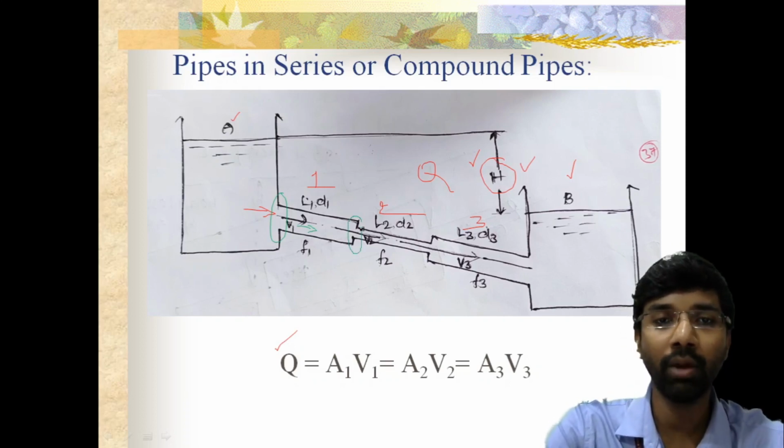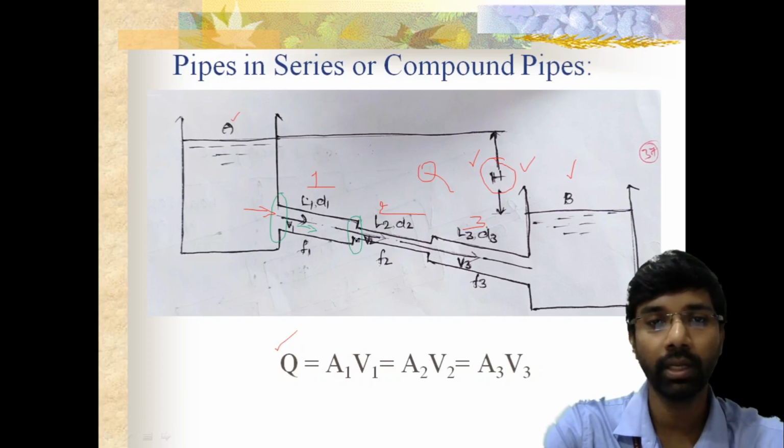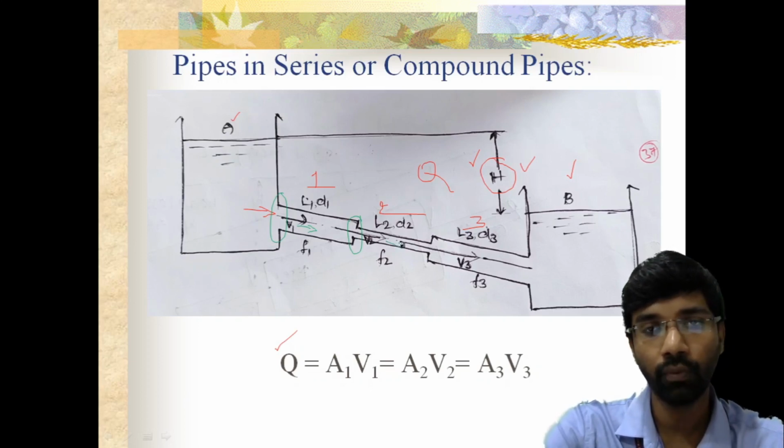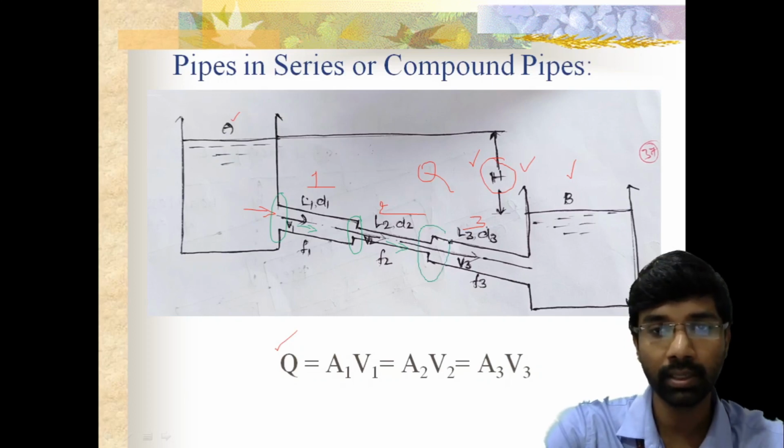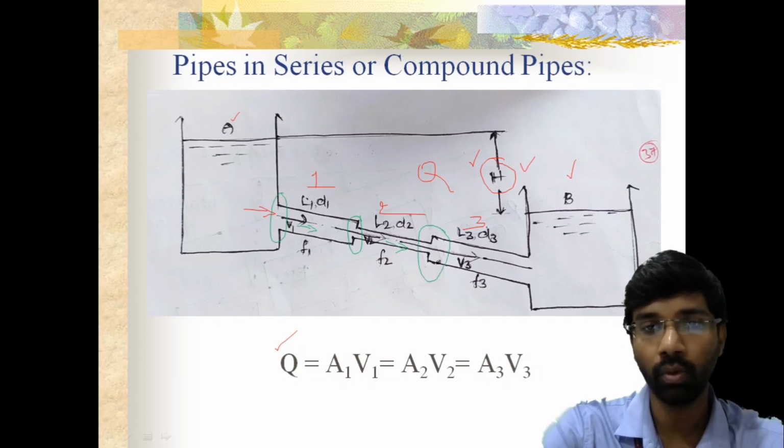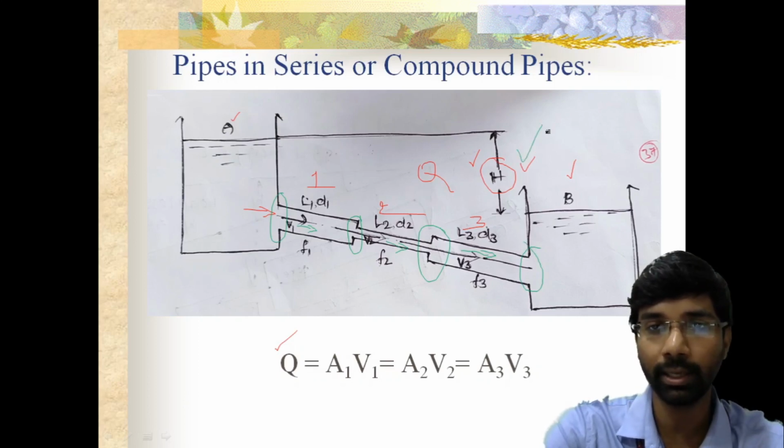Here you'll have sudden contraction, and because of this contraction you will have one type of loss. The fluid travels a certain distance, you'll have frictional loss. Sudden enlargement, you will have one loss due to sudden enlargement. And flow for some distance, frictional loss. And finally exit loss. If you sum up all these losses, you will directly get this H, right?